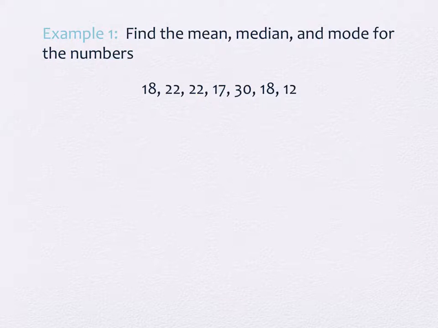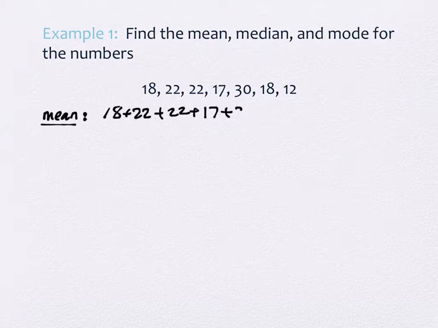We're going to find the mean, median, and mode for this set of numbers. So the mean. What did it say I'm going to do to find the mean? Add them together. So 18 plus 22 plus 22 plus 17 plus 30 plus 18 plus 12. And after I add them, what am I going to do? Divide by 7.